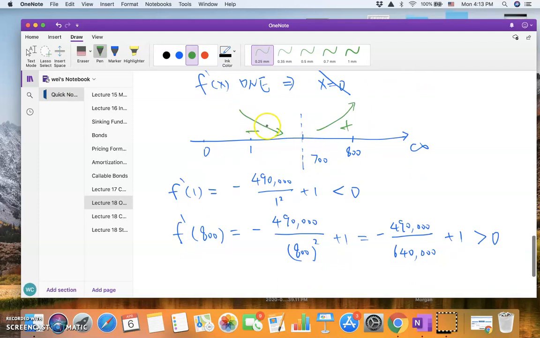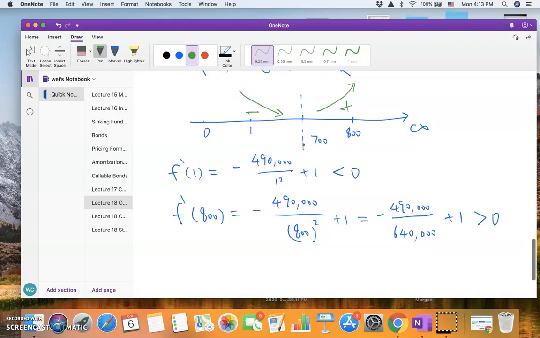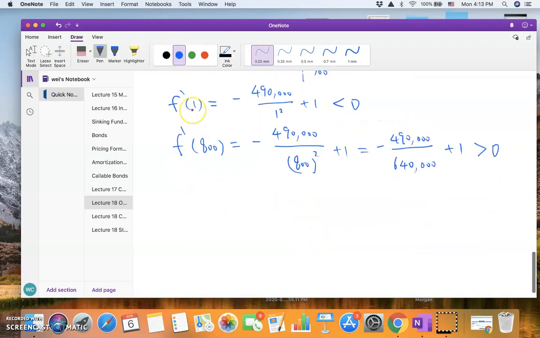Because before 700 the function is decreasing, and after 700 the function is increasing, the function has a local minimum at 700.